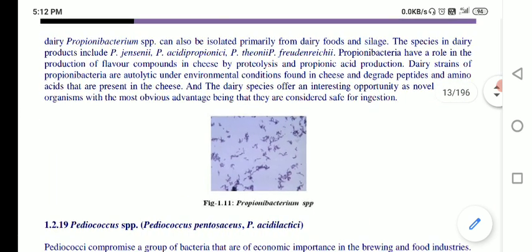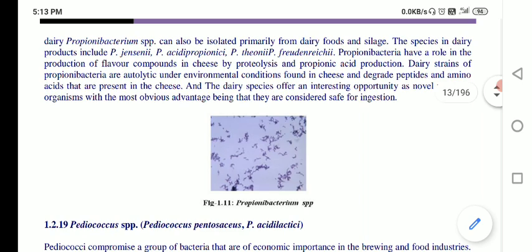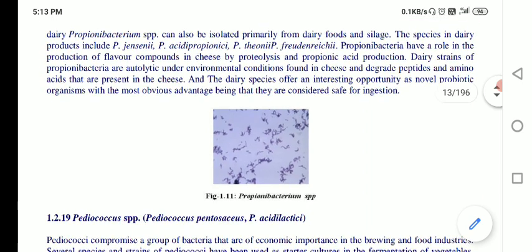These are important with respect to cheese production, because due to the products made after proteolysis and propionic acid, they alter the flavor, which is quite different from the initial flavor, texture and taste.